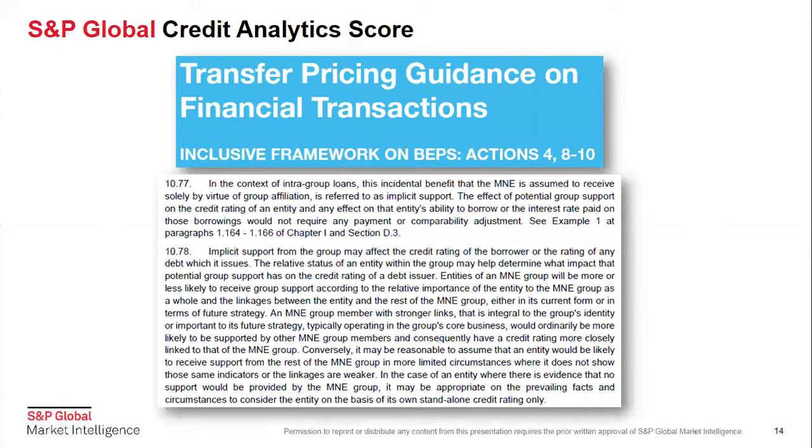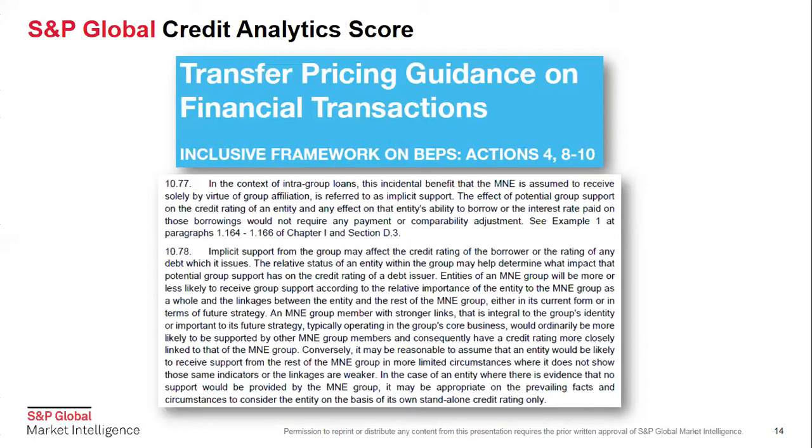Now, we also have the ability to go through and take a look at what we termed parental support or implicit support. And the implicit support is specifically mentioned in the transfer pricing guidance on financial transactions.